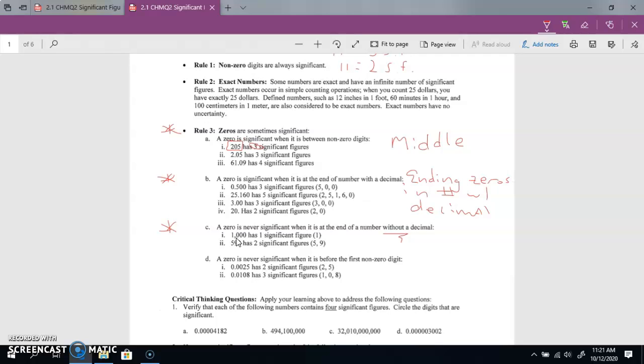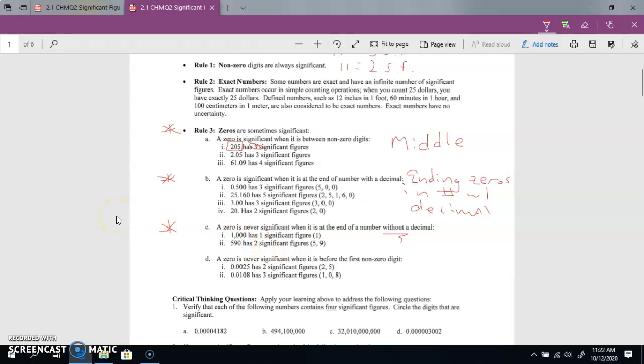You can see over here that these three zeros are ending zeros in a number without a decimal, so they're not significant according to 3C, but the 1 is significant because Rule 1 says non-zero digits are always significant. So this has one significant figure. In this number 590, there's no decimal, and so right here we only have two significant figures. That is not a significant 0.